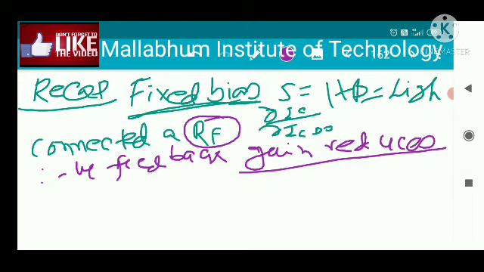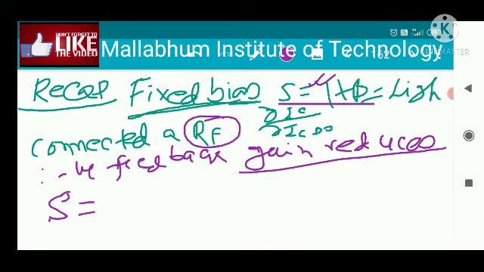Now here we have not connected RE, that's why sensitivity comes out to be 1 plus beta. But whenever we connect RE across the emitter section, then the sensitivity comes out to be very little. That means 1 plus beta is a very high value.